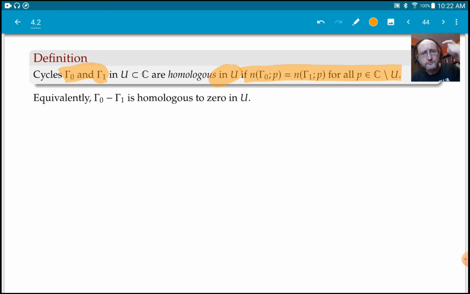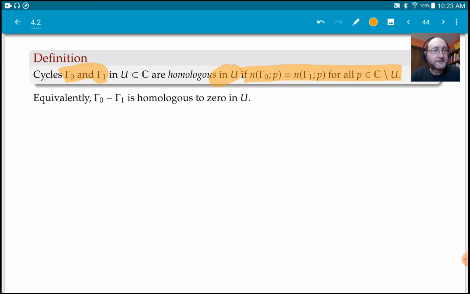So gamma is homologous to 0 was basically just saying that it is homologous to the 0 cycle, the cycle that doesn't do anything. It always returns 0 when you integrate anything over it.